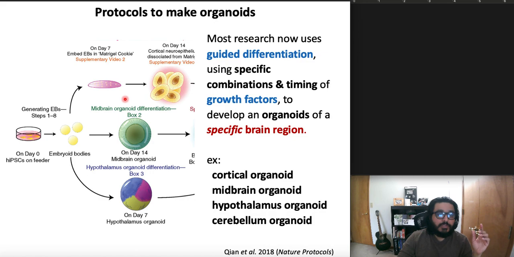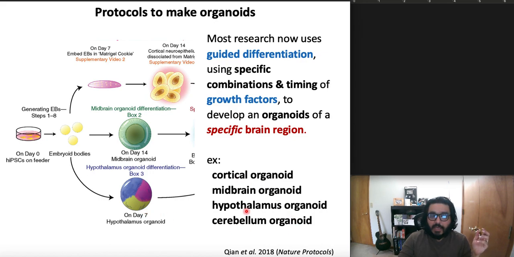Okay, so what's shown here are cortical organoids. These just represent the cortex, the cerebral cortex. You can have midbrain organoids. These represent the brain cells that are part of your midbrain, where you have dopaminergic neurons and serotonergic neurons, the VTA, the substantia nigra area here, and then you can have things like the hypothalamus organoid, which just represents that part of just the hypothalamus and nothing else.